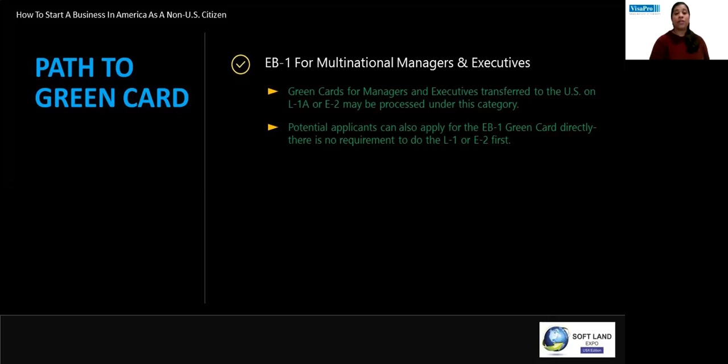The EB1C green card for multinational executives and managers offers a direct path for both L1 or E visa holders, as long as there's a qualifying multinational company abroad and the applicant served in an executive or managerial capacity, both in the company abroad as well as the US company. Additionally, potential applicants can apply for the EB1 green card directly. There's no requirement to do the L1 or E2 first.